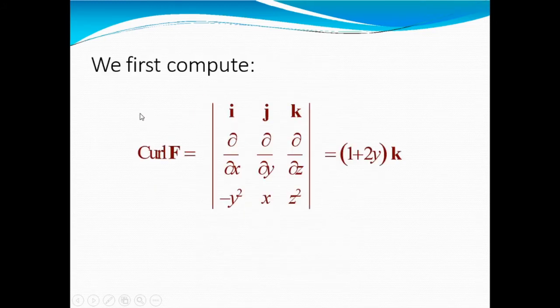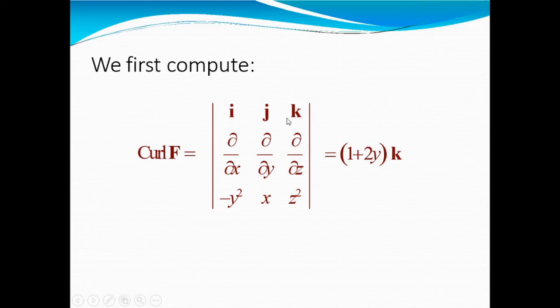First let us compute. In order to change the line integral into a surface integral, we will require the curl F value, that means del cross F. Using the values of the given equation, we first compute del cross F, the cross product of del and F. Curl F is nothing but taking the determinant of the given vectors. i, j, k are the unit vectors, and del has dou by dou x, dou by dou y and dou by dou z.